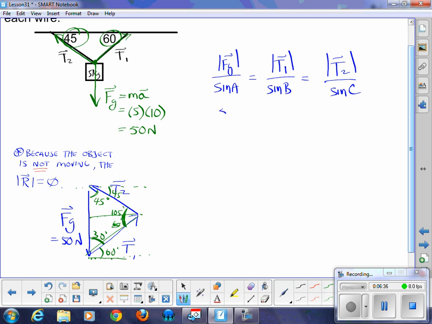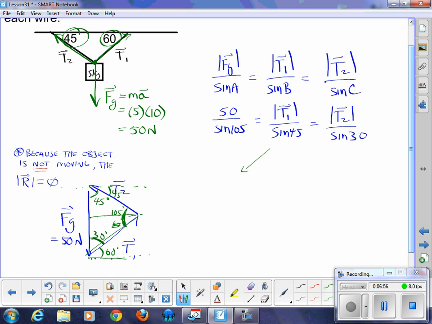I know the force due to gravity is 50 over sine 105. I'm looking for tension 1, which is an unknown, and its angle would be sine 45. And finally, tension 2 would be sine 30.